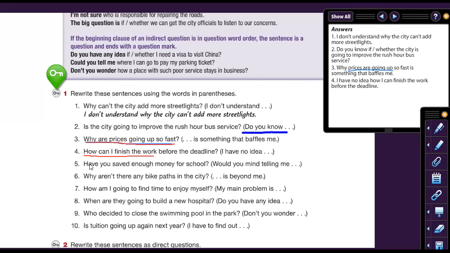Number 5 is the question word order. Have you saved enough money for school? Okay, we're going to start with the direct phrase.